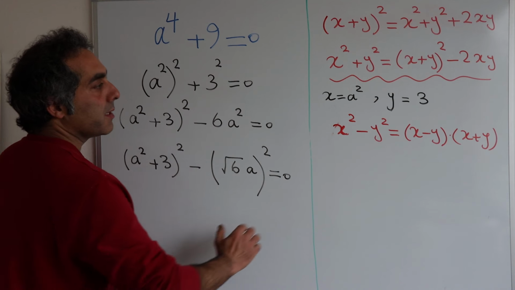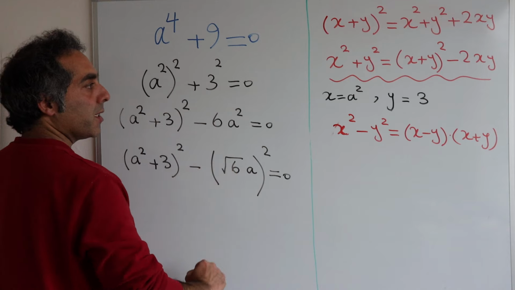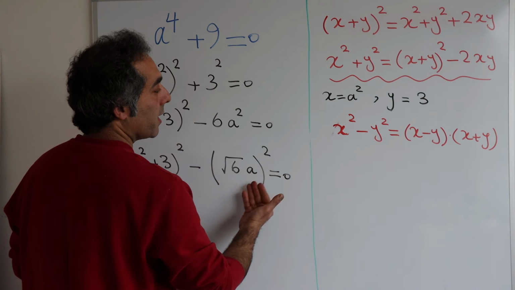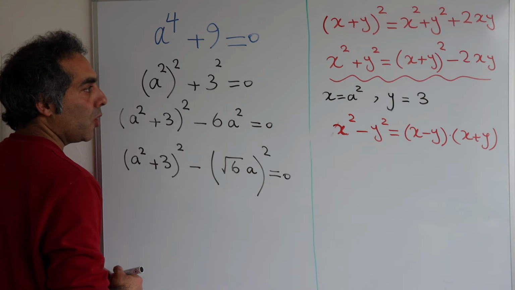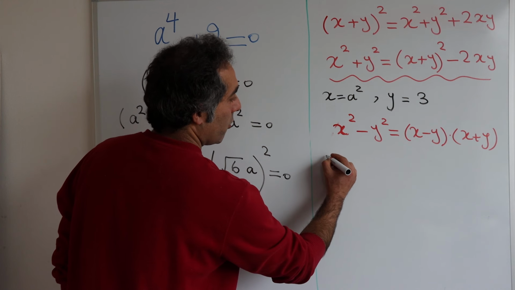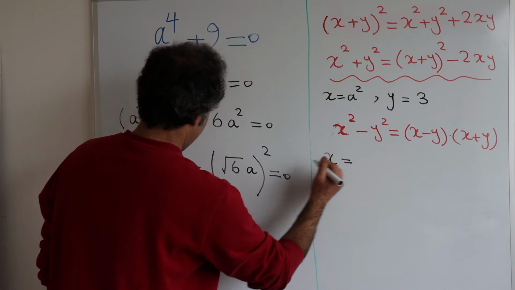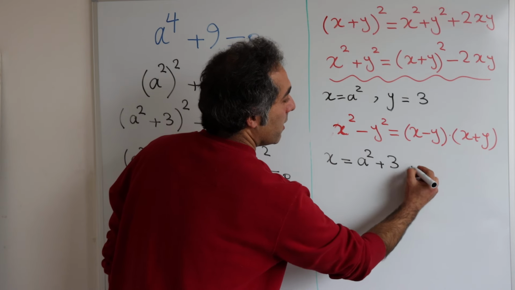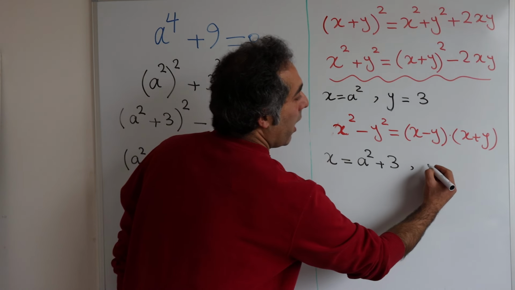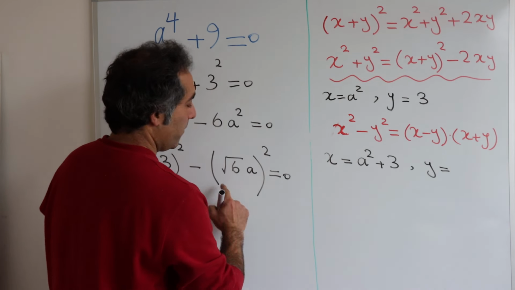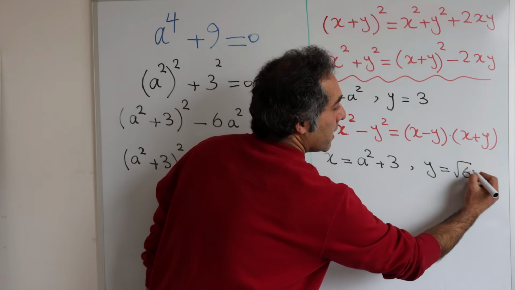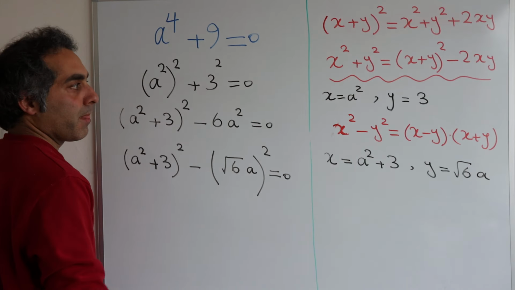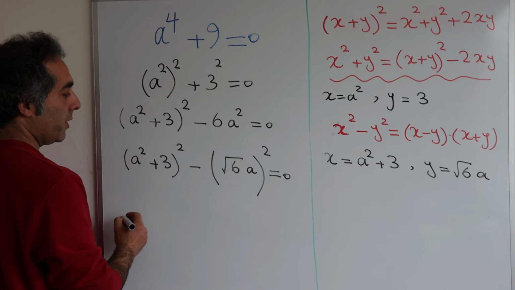The whole first term is x squared and the second one is y squared. So x is here r squared plus 3, and also y is square root of 6 r. I can replace the formula here.